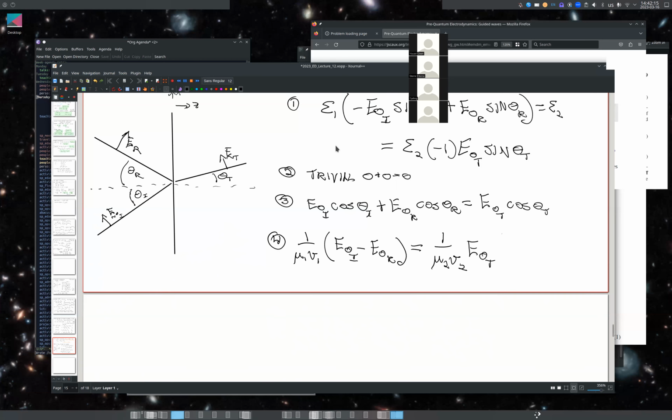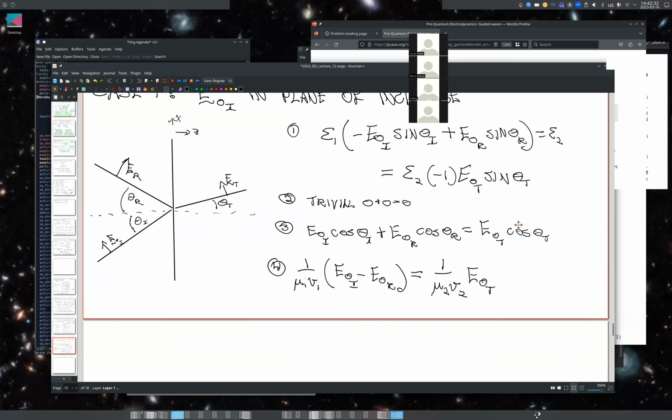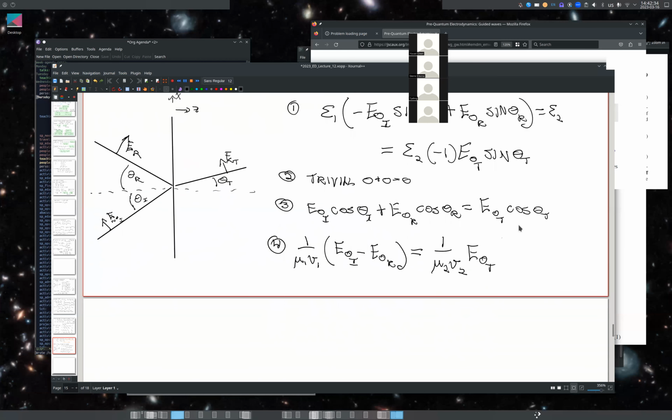For example, here it simplifies because theta I is equal to theta R, so you get the difference here. With theta T, you get the ratio of N1 over N2 also appearing here. You can then divide by sine of theta I throughout, and you get essentially a simplified equation. So let's see what.